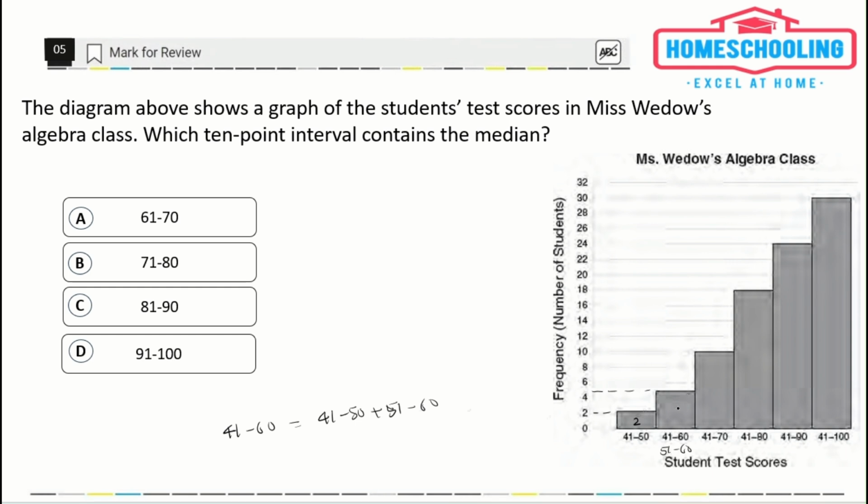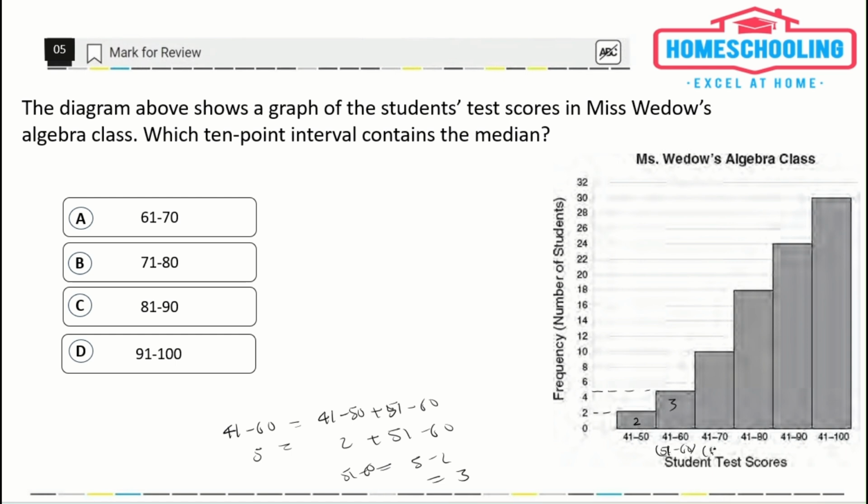So 51 to 60 would be 5 minus 2, that is going to be 3.